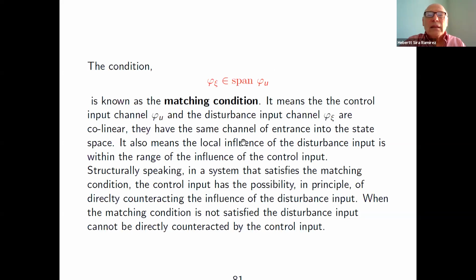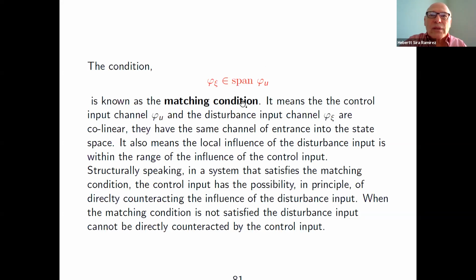The other thing that this might be telling you is that it always pays to reduce, as in the case of the DC motor, to carry out a singular perturbation. Singular perturbations sometimes have the benefit of making the matching condition possible. This is something that is present in many areas of control.